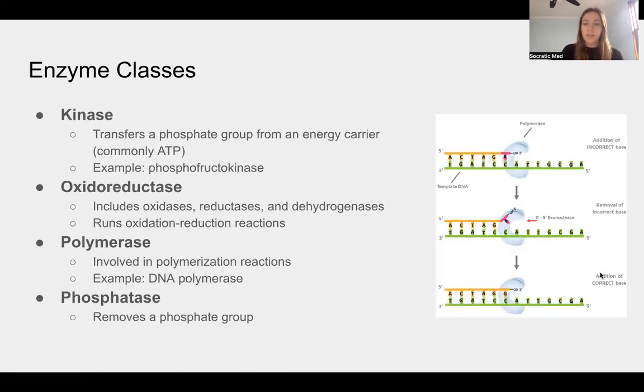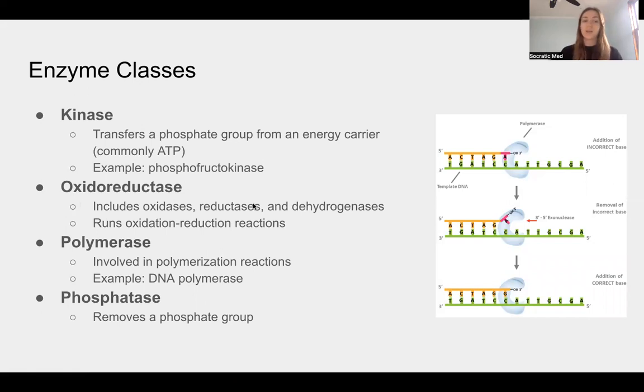So kinases, these are enzymes that will transfer a phosphate group from an energy carrier onto something else. So a good example is phosphofructokinase. So if we think back to our glucose metabolism lecture, you will be more familiar. Also, kinase is in the name, so you could probably deduce that one yourself.